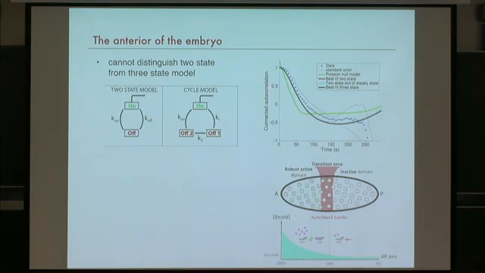This is the data, the red dots with the standard error around them, and this is our best fit. There are 3 lines overlaying each other: the best two-state fit, the best two-state out of steady state, and the best three-state. And basically we cannot distinguish them.